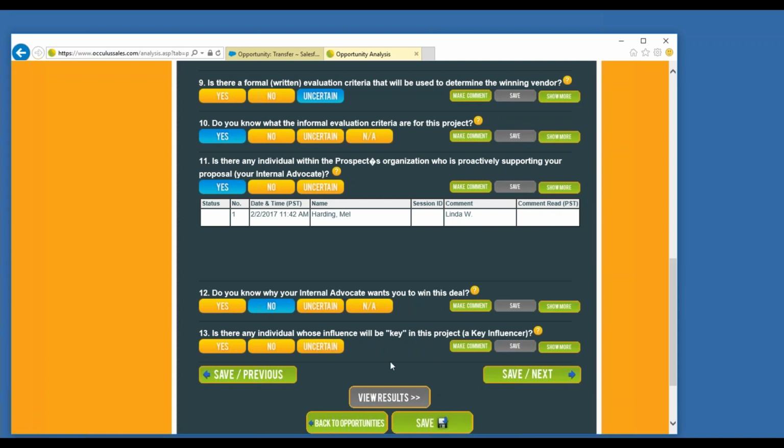Number 13, an important question. Is there any individual who will be key in this project? That's a key influencer. Now the key influencer can be an employee of the prospect or can be an external consultant. A lot of products that companies buy are very, very complex, and they will bring in an outside consultant.